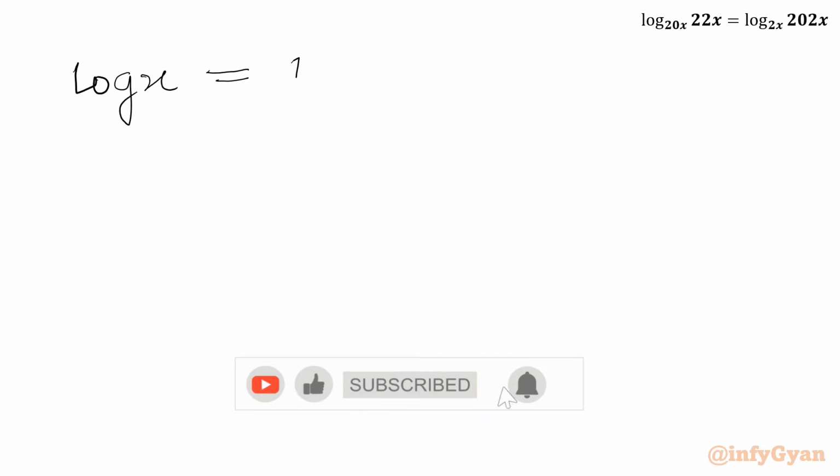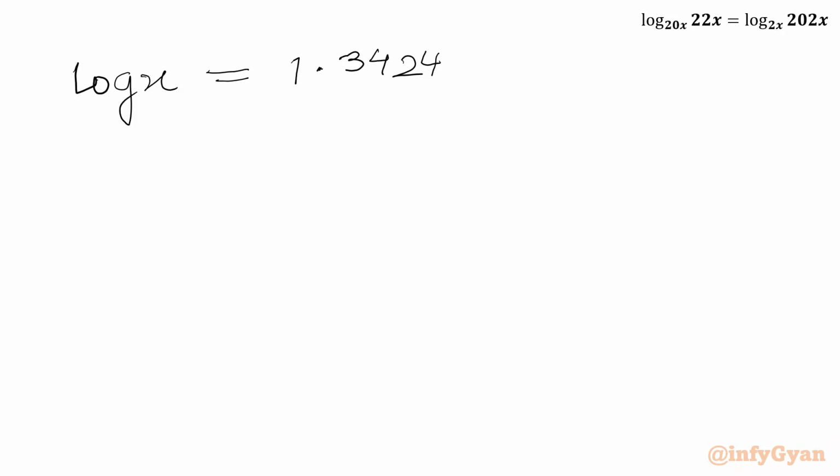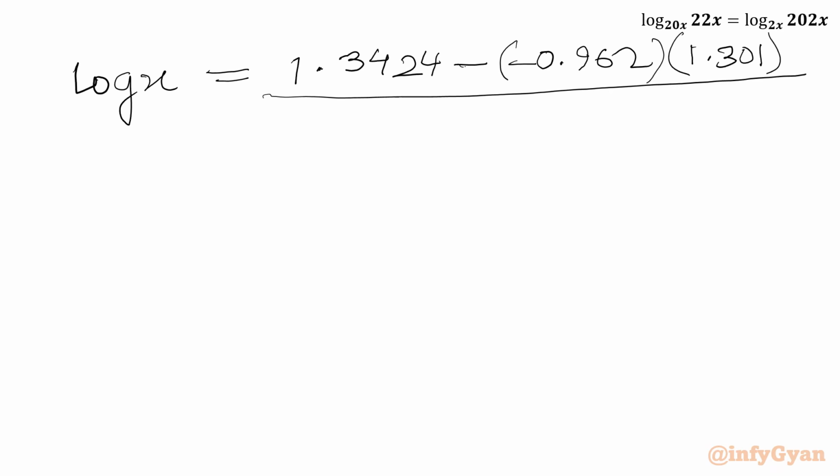We will get log x equal to log 22, using calculator we will get 1.3424, minus u. u was also minus 0.962. Then we have log 20. Log 20 is 1.301. In the denominator, we will write u minus 1. So we will write minus 0.962 minus 1.